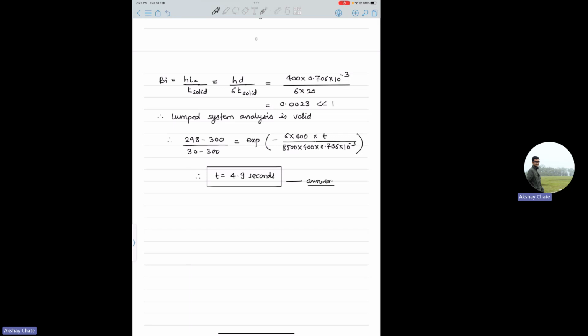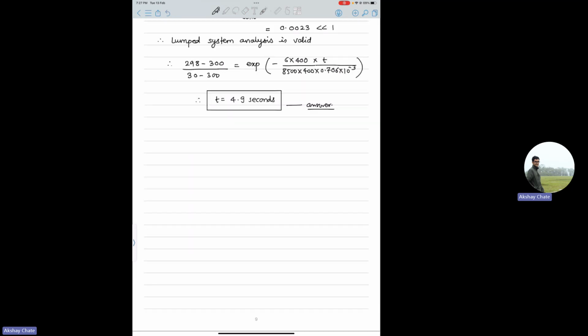Okay, then, yeah, one more question, which is a slight variation of the things that we are studying so far. There is an oil bath. A bath means it's like a chamber, and one ball of copper is dropped in it.